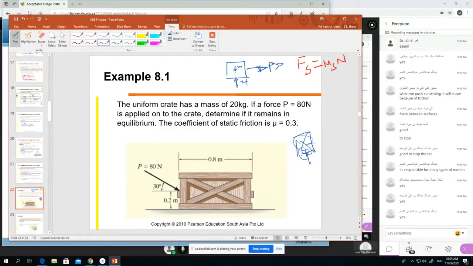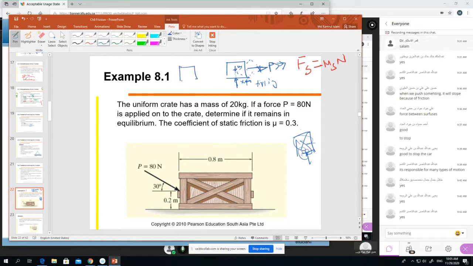As P increases, X also moves in that direction. As soon as X reaches that corner, the block starts to fall down, or tip. It's called the tipping effect. If P increases more, it will finally be tipped down.